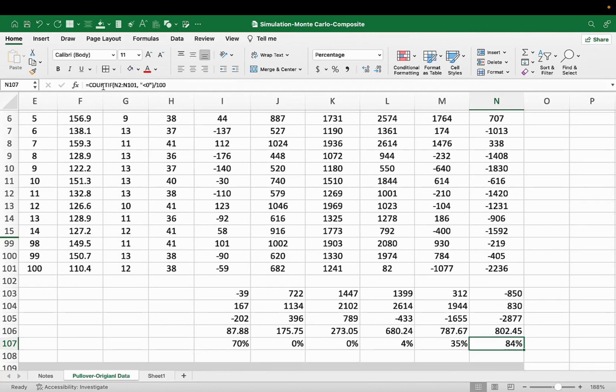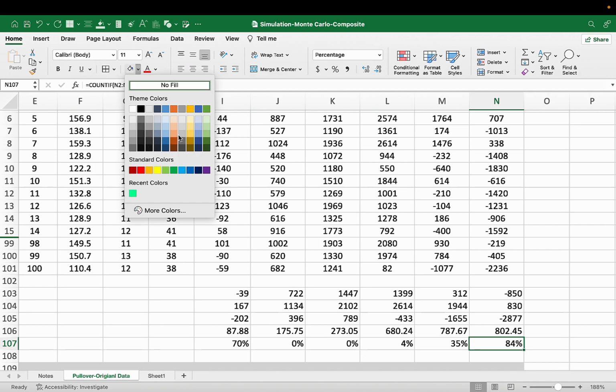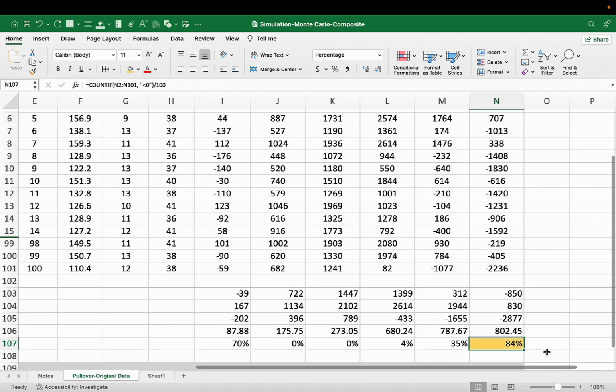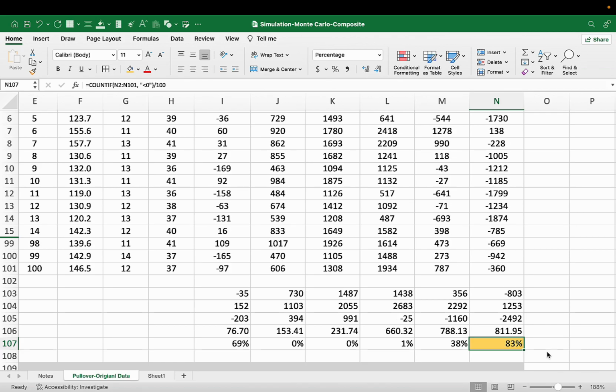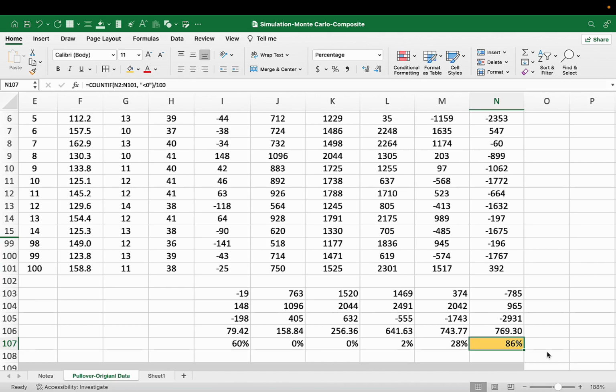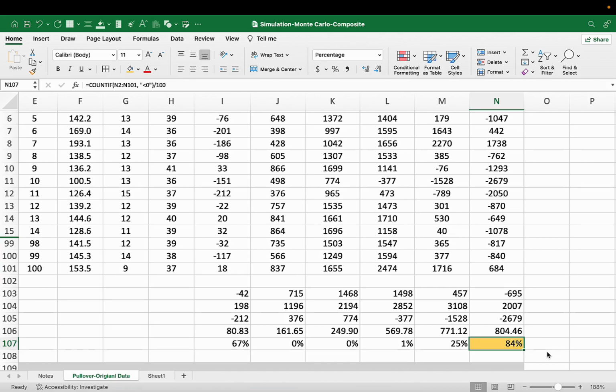Similarly, let's talk about this one. That's 84. Let me highlight it. Okay, let's recalibrate it by pressing F9. Okay, 87, 92, 83, 83, 85, 86, 83. So you see, even if I press it hundreds or thousands of times, it's not going to change much. Again, it's not something that will drop to 20% or maybe even 50%.